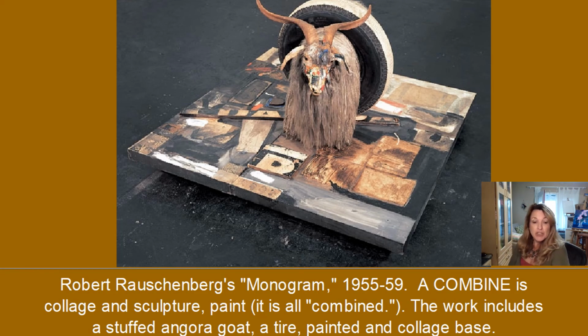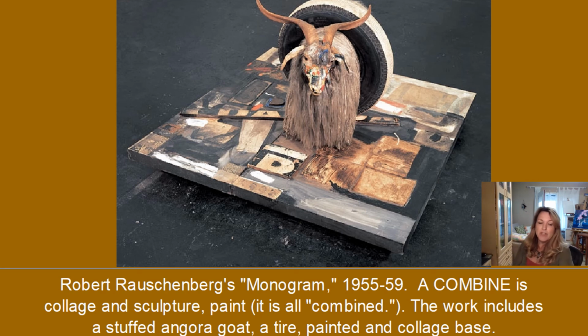So this is Robert Rauschenberg's Monogram, 1950s. This is definitely mixed media. You have sculpture qualities, you have paint. It's a combine, and that term combine is associated with Rauschenberg.